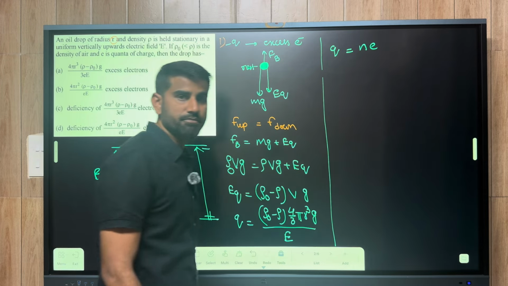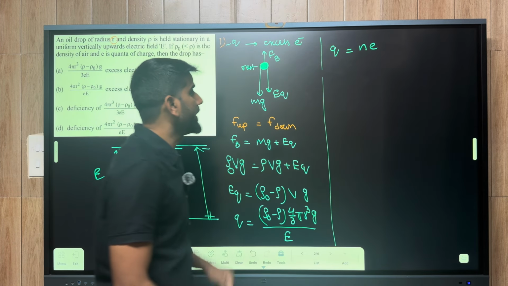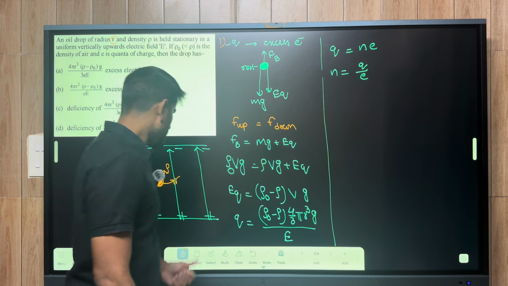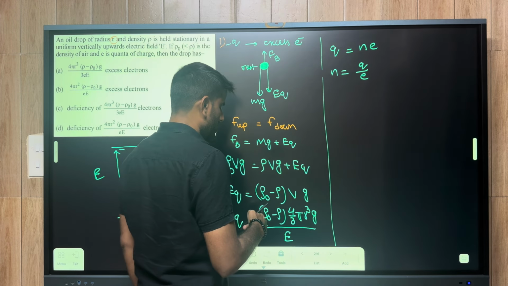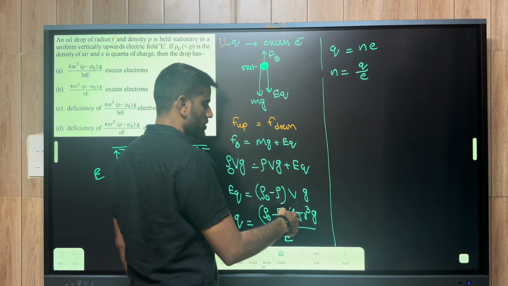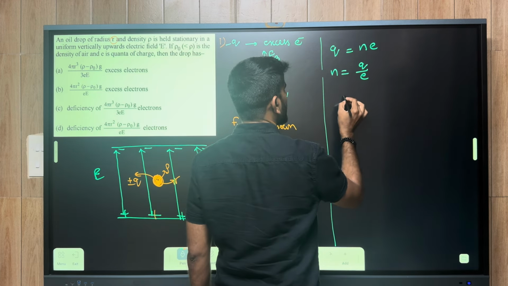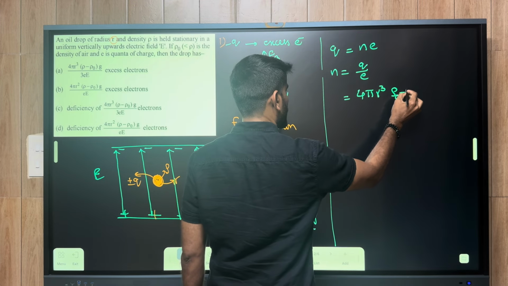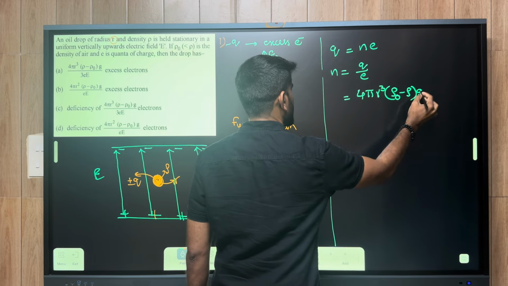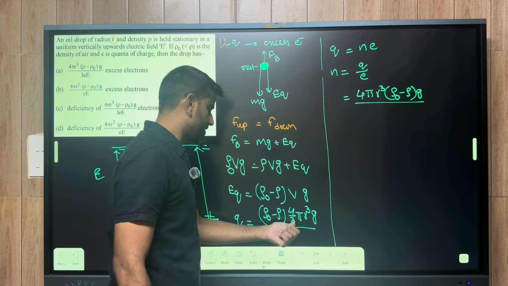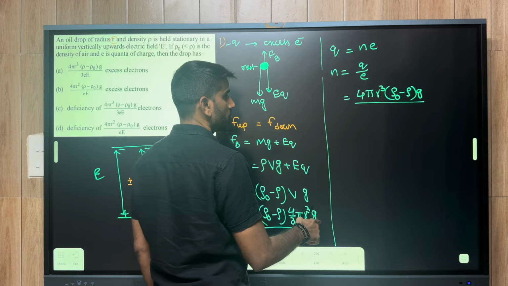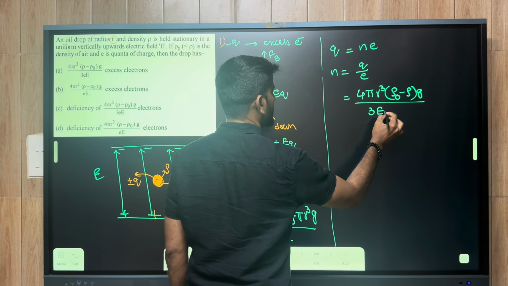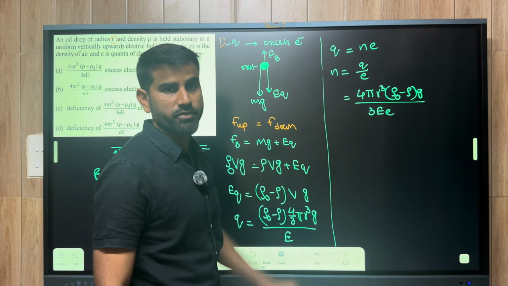Number of electrons. We have Q here. Q is equal to N E. Now I want to find the N value, that is Q by E. Q is (rho naught minus rho) 4/3 pi r cube G. That means it is 4 pi r cube (rho naught minus rho) G by 3 E. This E is also there, right?